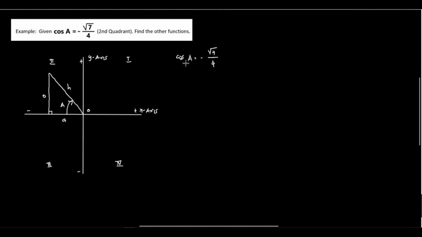The given is cosine A, negative square root of 7 all over 4. Based on the x and y coordinates, A is at the negative side, so this is negative A, while O is at the upper side of the y-axis and it is positive.